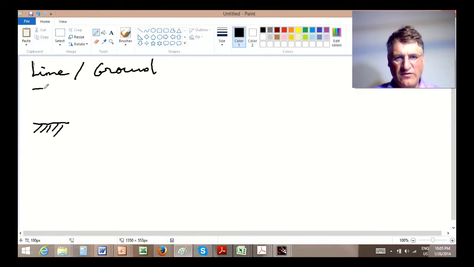The line will be above it, and we'll be talking about the voltage V that separates the potential of the line from the potential of the ground, and we'll be talking about the intensity as the current that goes through the line.